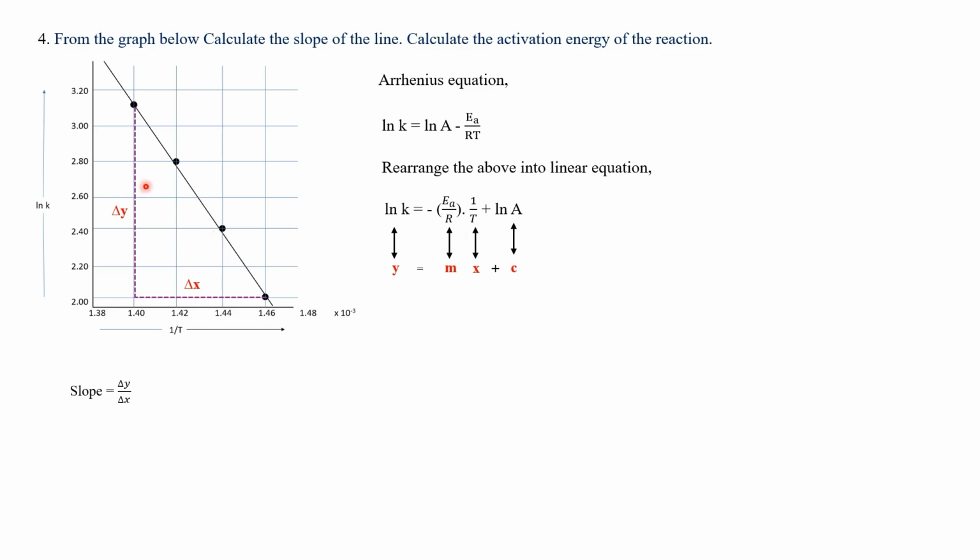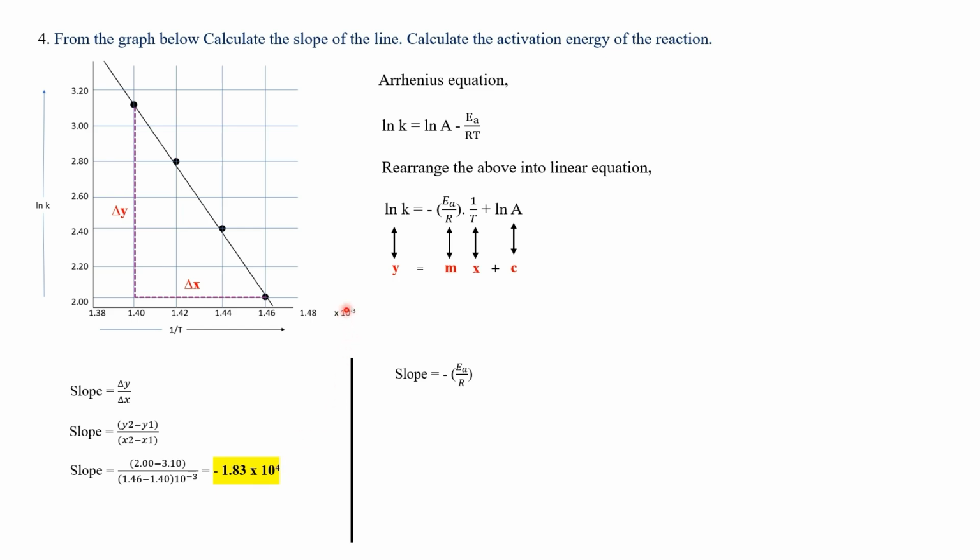Now let's calculate the slope of the line. Then slope of the line is equal to negative Ea over R. Then we can calculate Ea, the activation energy. Slope is delta y divided by delta x. I picked the first point and the last point and then y2 minus y1 divided by x2 minus x1. The answer is negative 1.83 times 10 to the power 4.